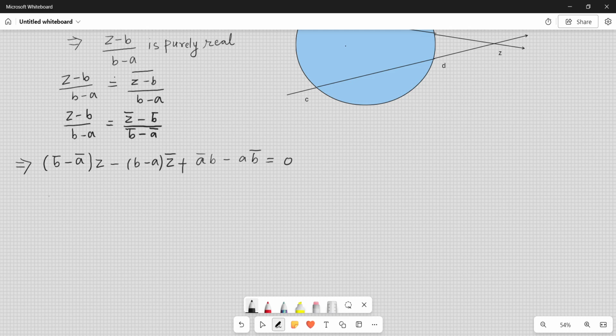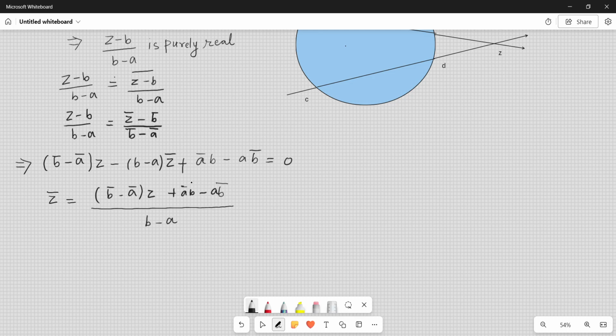From here I can write Z-bar is equal to (B-bar minus A-bar) into Z plus (A-bar B minus A B-bar), upon (B minus A). Okay, this is Z-bar.